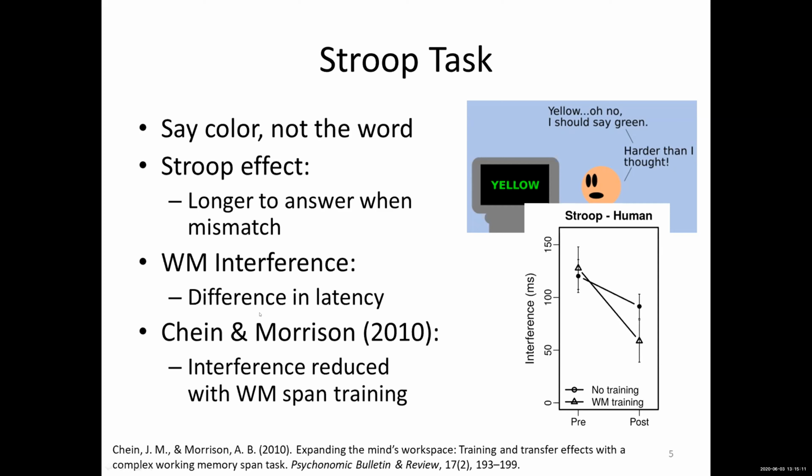The Chein and Morrison study in 2010 showed that you can reduce this interference by practicing a working memory span training task, where you're trying to remember a long series of digits or letters. And surprisingly, that actually provided a significant reduction in interference for those who had taken that training compared to those who didn't. So these are our 3 tasks: the editors, the arithmetic, and the Stroop task.